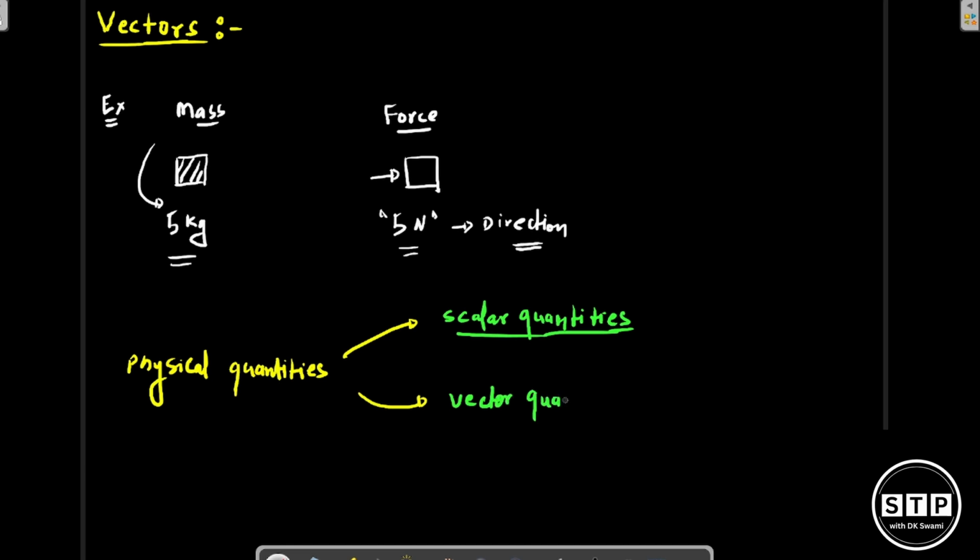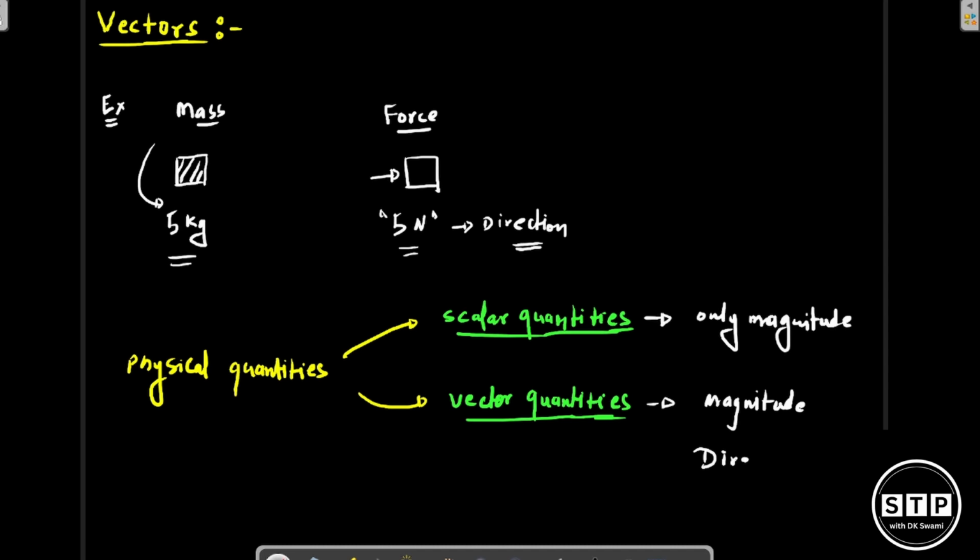There is one more condition for quantities to be vectors: they should follow the triangle law of vector addition, but that we will understand later. So scalar quantities are those which have only magnitude, right? And vector quantities are those which have magnitude plus direction, and they also follow the triangle law of vector addition.